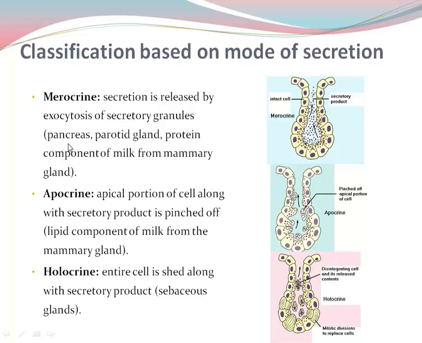For example, the exocrine secretion of the pancreas, the parotid gland, which we will study soon, and the protein component of milk from the mammary glands are released through this merocrine type of secretion. In apocrine, the apical portion of the cell, the anterior portion of the cell, is directed towards the lumen.